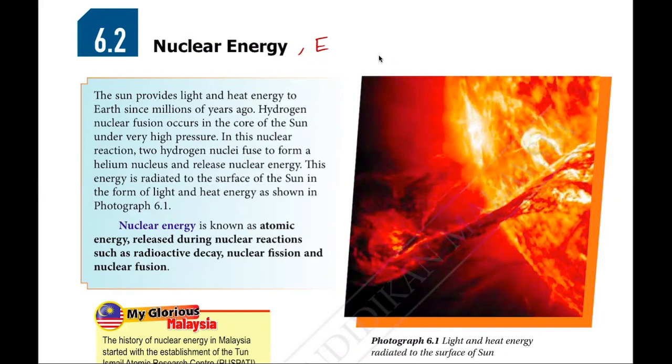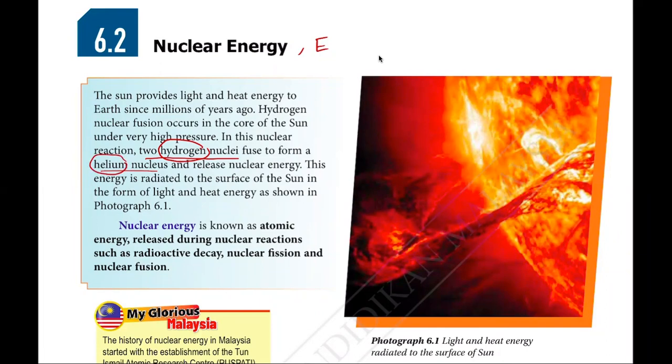In this nuclear reaction, two hydrogen nuclei fuse to form a helium nucleus and release nuclear energy. So again, we refer back. This one involves two hydrogen nuclei, and they will fuse to form a helium nucleus.